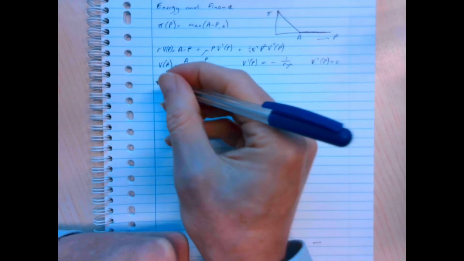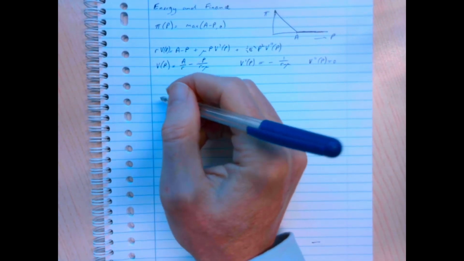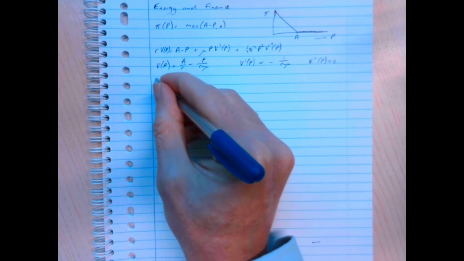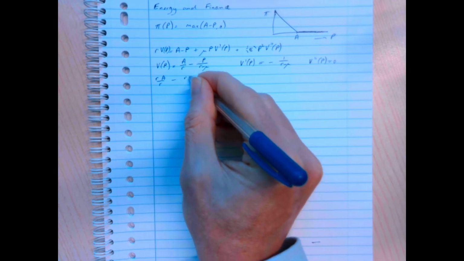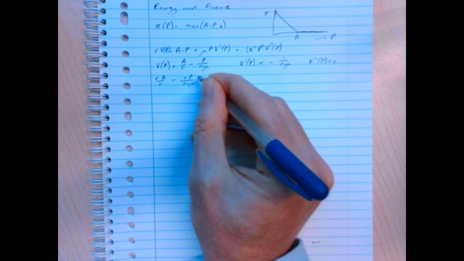Let's check that. Let's just plug it in to see whether it gives a correct result. So R times A over R minus R times P divided by R minus mu, that's the left hand side.